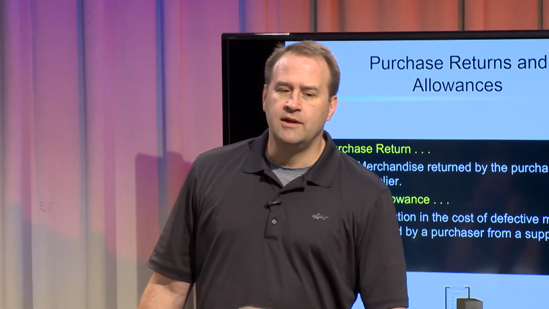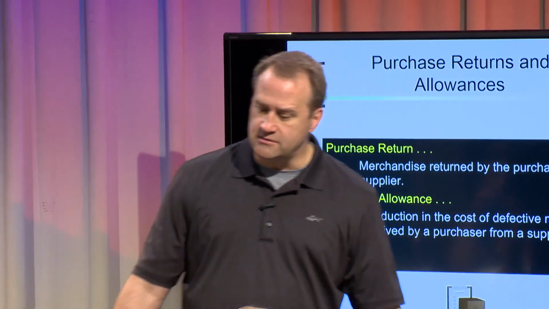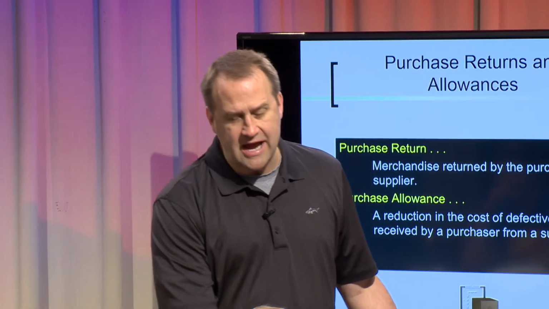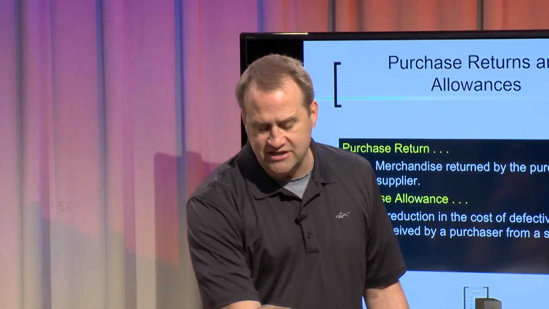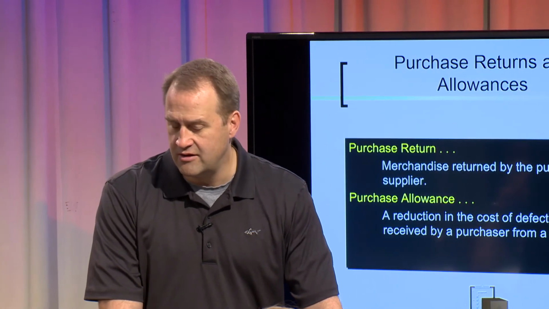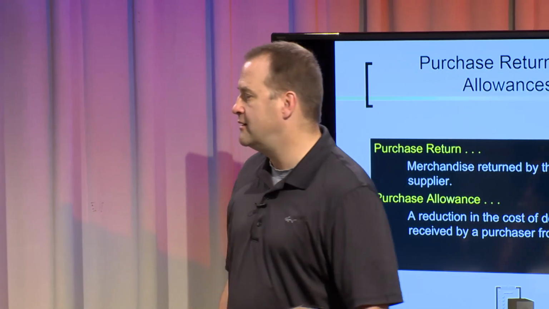Okay. So let's say that you unload these tables, and one of them you see has a scratch, like a 12-inch scratch on it. Okay? And you're like, well, doggone it. So you might call up the manufacturer, and here's how the conversation might go.